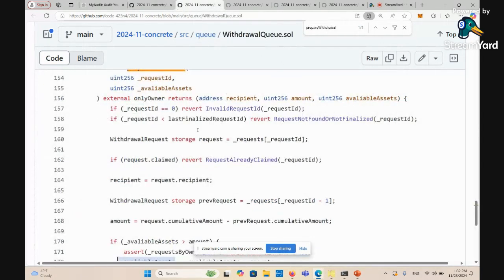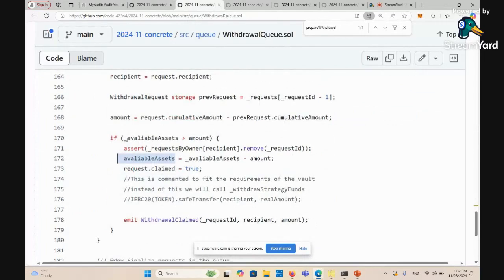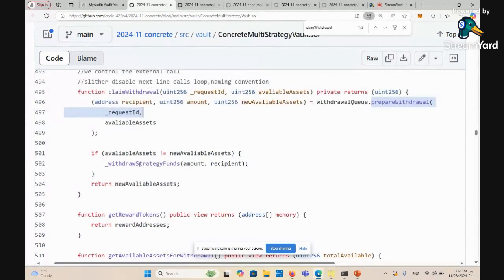Fail doesn't mean revert. Never revert over here. It means the available asset is not sufficient anymore. So in that case, don't bother to withdraw from the strategy, because even if you withdraw, you don't have sufficient funds anyway. So then you're going to return the new available assets over here.